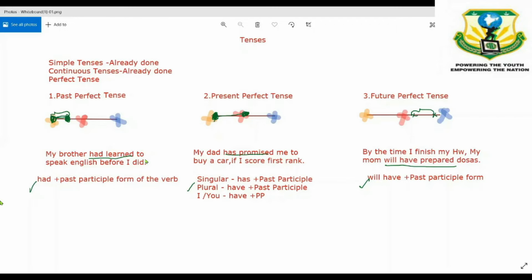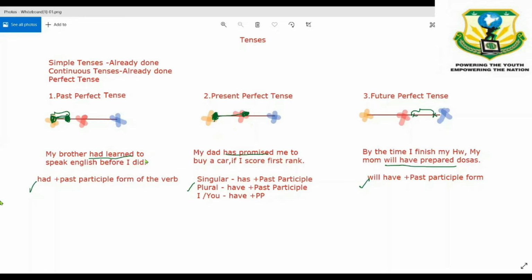And the second is the present perfect tense. Present perfect tense means the activity will commence at one past time and it will continue till now. For example, my dad has promised me to buy a car if I score first rank. So did I score first rank now? No. So one activity has already commenced. What? He has promised me to buy.